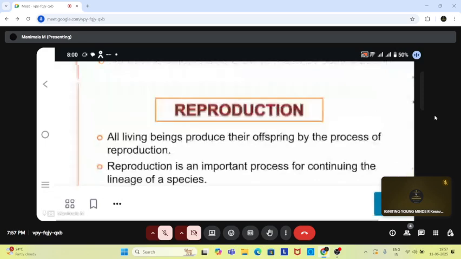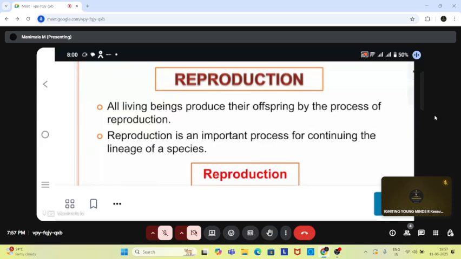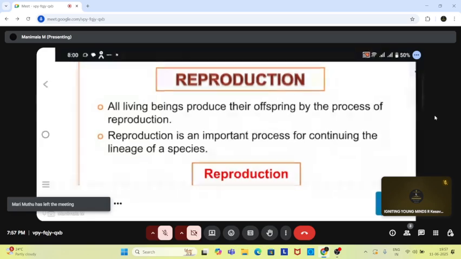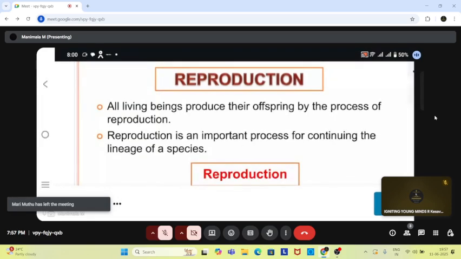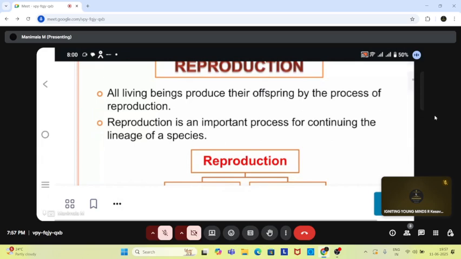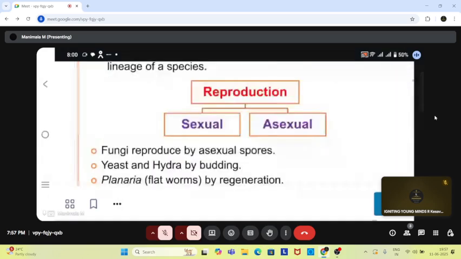The next thing is reproduction. We all know reproduction is the ability to produce young ones. Reproduction is important for the continuation, the perpetuation, of the life process. For continuing life, we need reproduction.